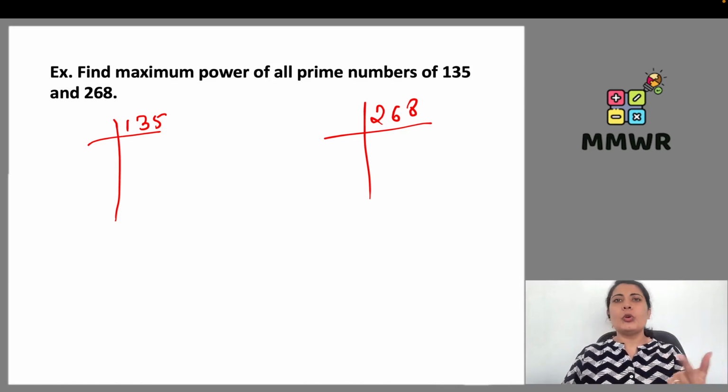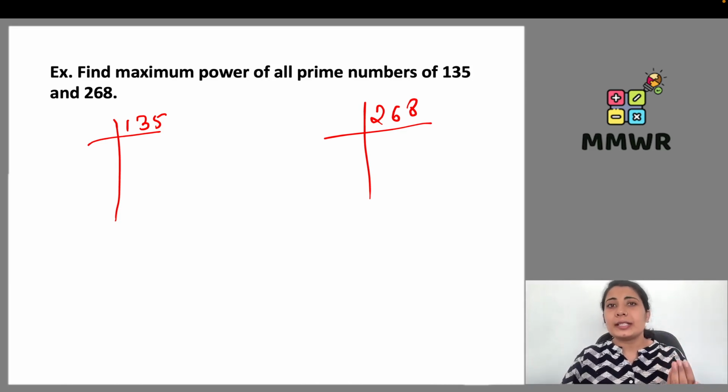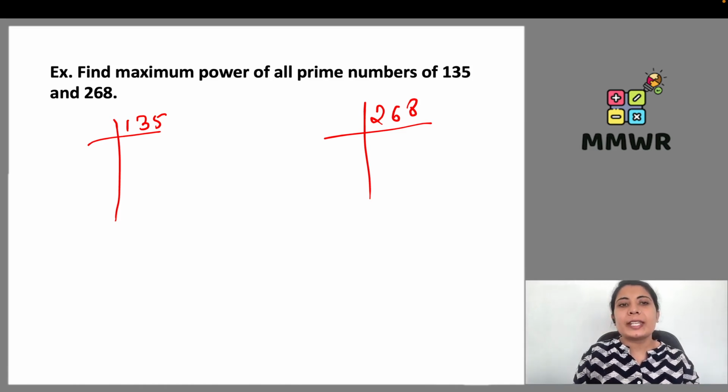That power of 2 will help us get the power of prime number 2, and the power of prime number 3. It is not necessary that the number is divisible by every prime number, by 2, by 3, by 5, by 7, by 11. That is not possible. So we will check by whichever it is divisible, we will definitely be doing it. So let's begin with this part, 135.